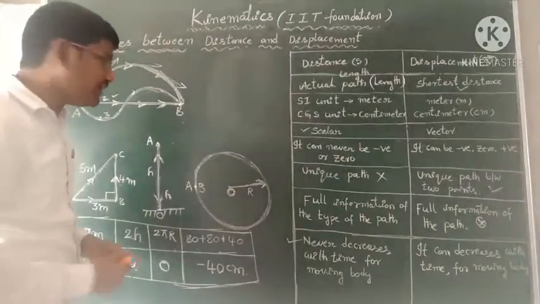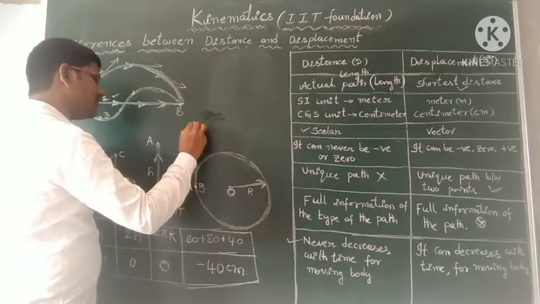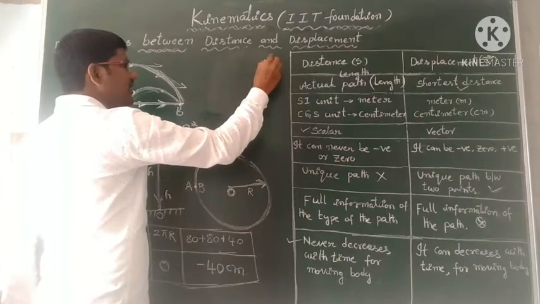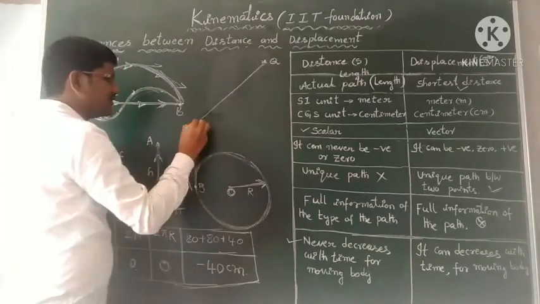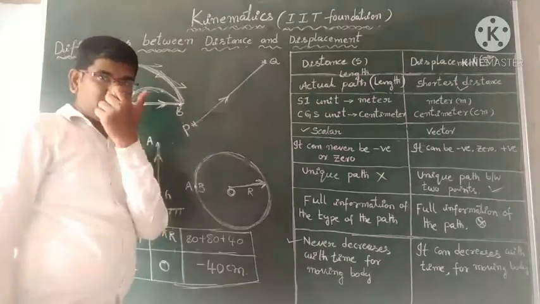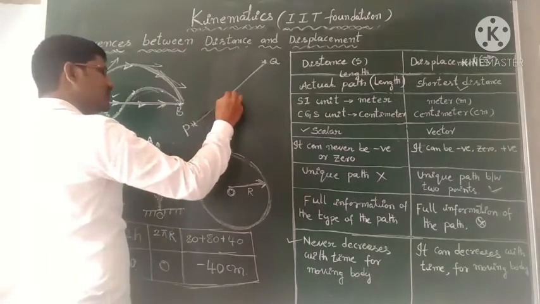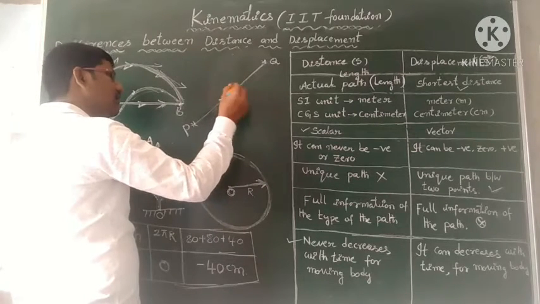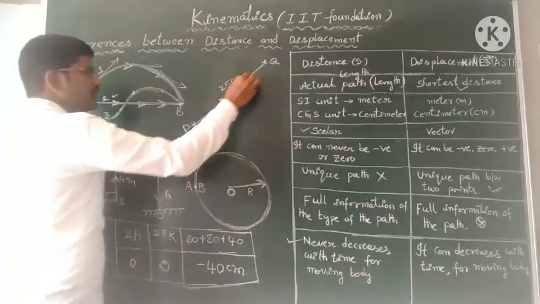For example, see my dear students, this is a point P. Now a particle has to reach the point Q. It has gone from P to Q, and this is the path followed, and if its value is some 25 centimeters, in this situation P to Q we reach like this.